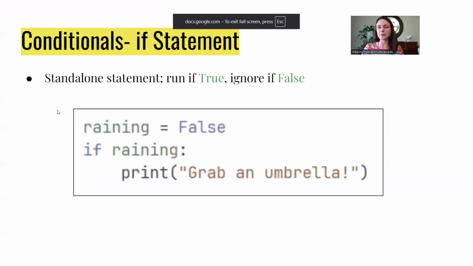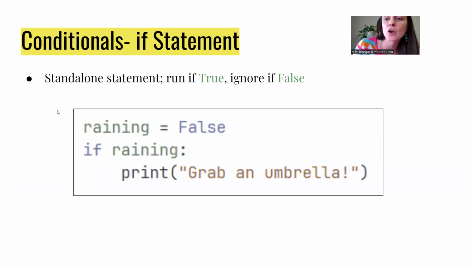Now we're going to talk about conditionals. And there are three different ways that we can write our if statements in Python that we will talk about in this class. So a conditional statement is one that does not always run. It only runs if a certain condition is true.